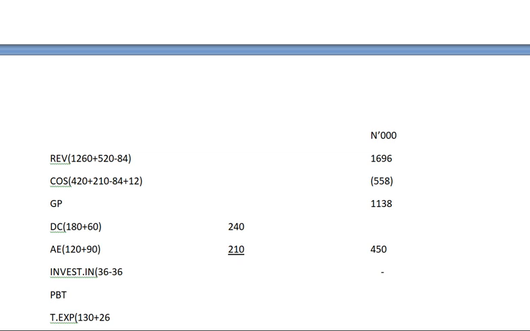So you less 450 from this gross profit. When you less 450 from 1138, you are going to have a profit before tax. So therefore, your profit before tax will be 1138 minus 450, and that will be 688. Then you have tax expense for the year, that's 156.